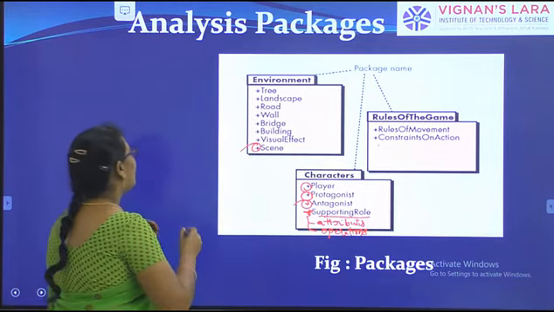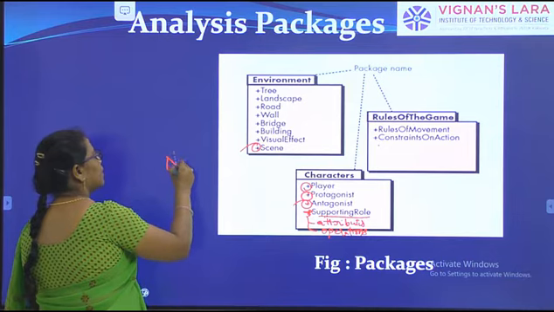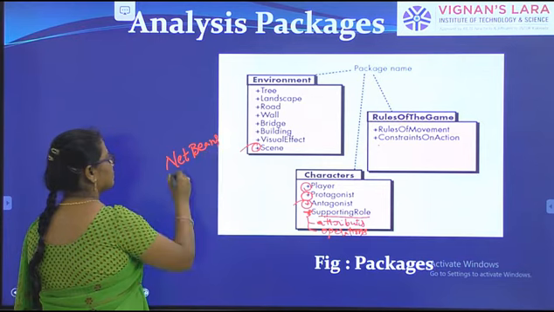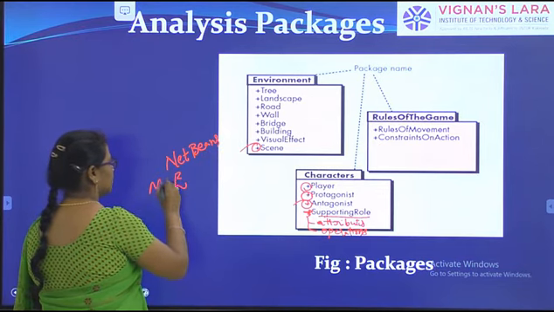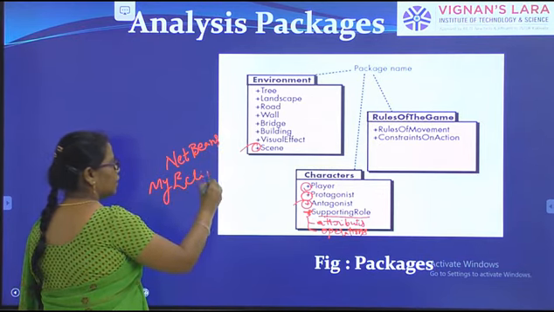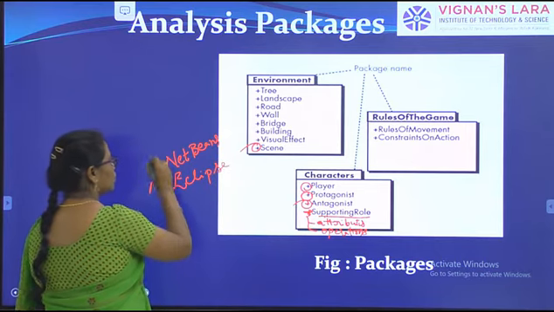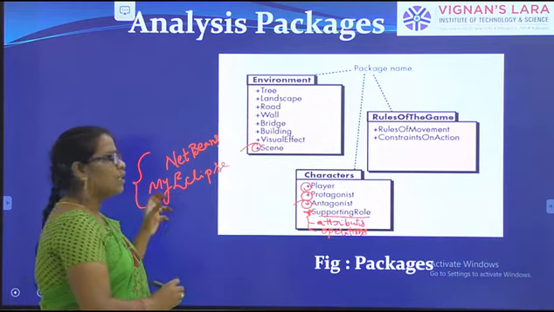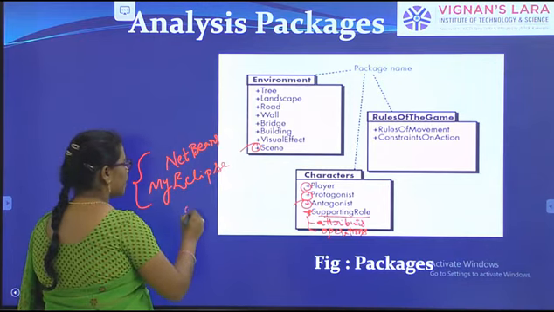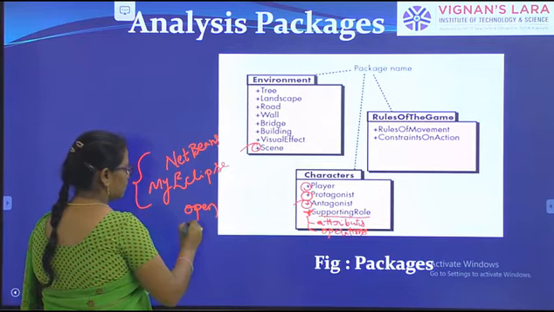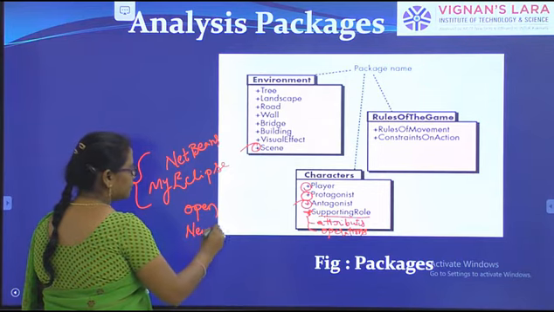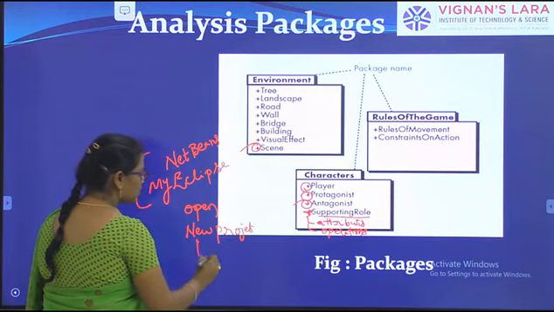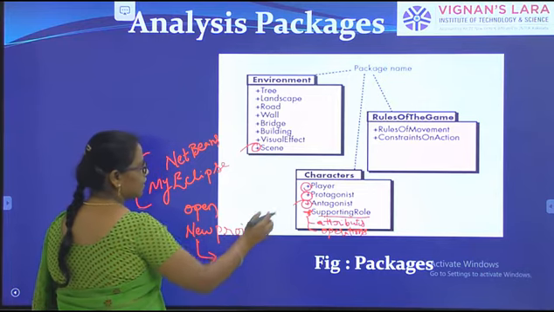Or else, if you have software in your system, NetBeans or MyEclipse, which are used for executing C, C++ or Java programs, and you click on open new project, then it will give something like this.